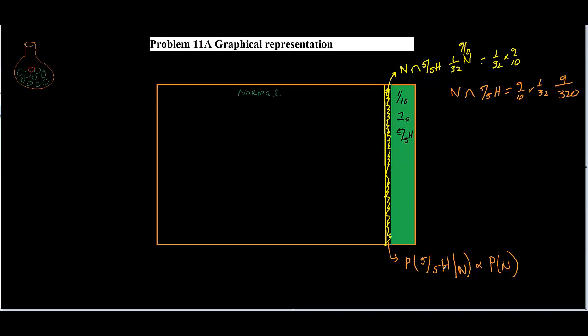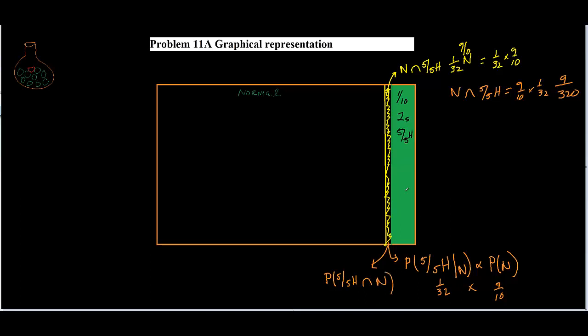The probability of getting 5 out of 5 heads given the normal coin is 1/32. The probability of getting the normal coin is 9 out of 10. And we did that calculation. Another way of writing this is the probability of getting 5 out of 5 heads and getting the normal coin.